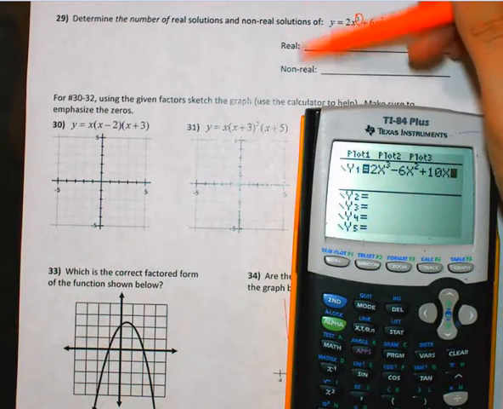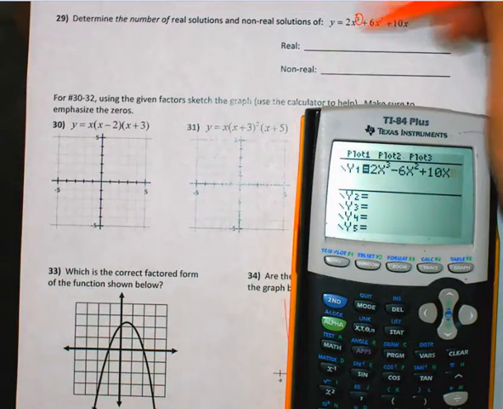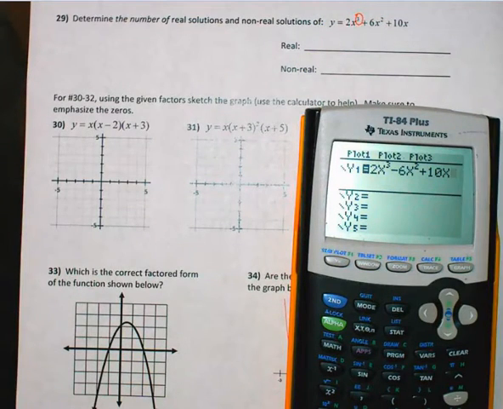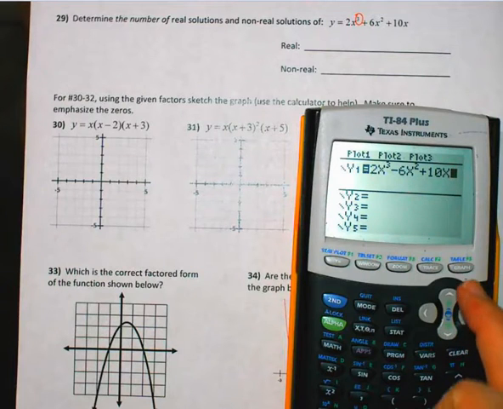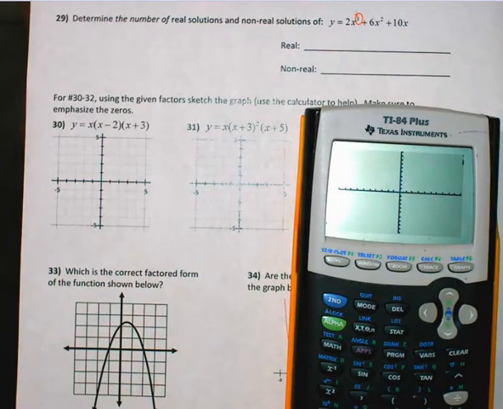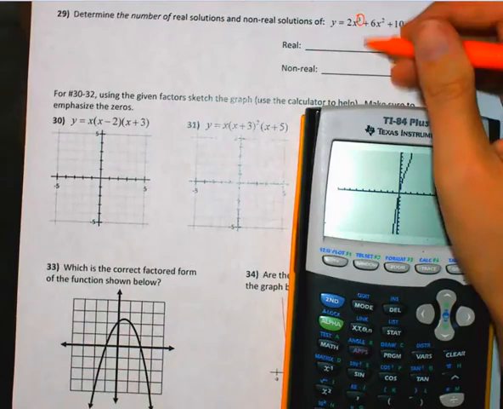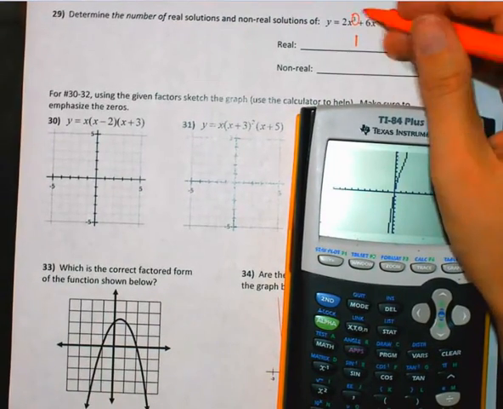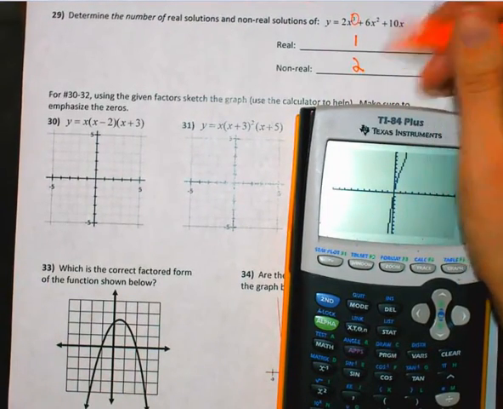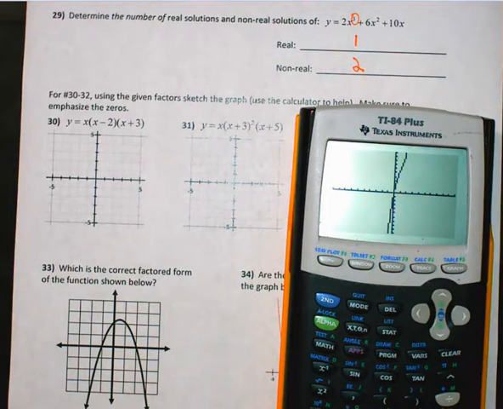Whether they're real or non-real, there has to be 3 total because the complex solutions are going to be a total of the degree, which is 3. So I'm going to hit graph. Okay, so I see that it's going through the x-axis once, which means that I need a total of 3, so there has to be 2 non-real or imaginary solutions.